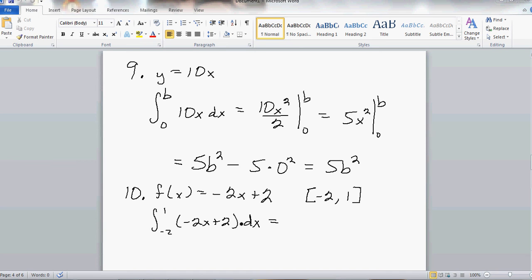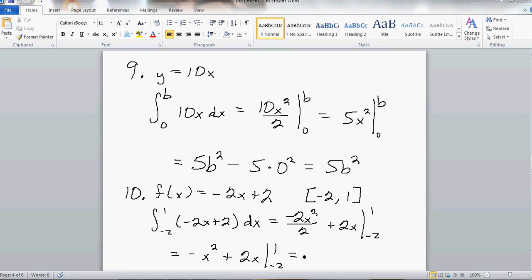We can now take the integral of this, so this would be negative 2x squared over 2 plus 2x evaluated from negative 2 to 1. Cleaning this up before we start plugging it in, negative x squared plus 2x evaluating from negative 2 to 1.